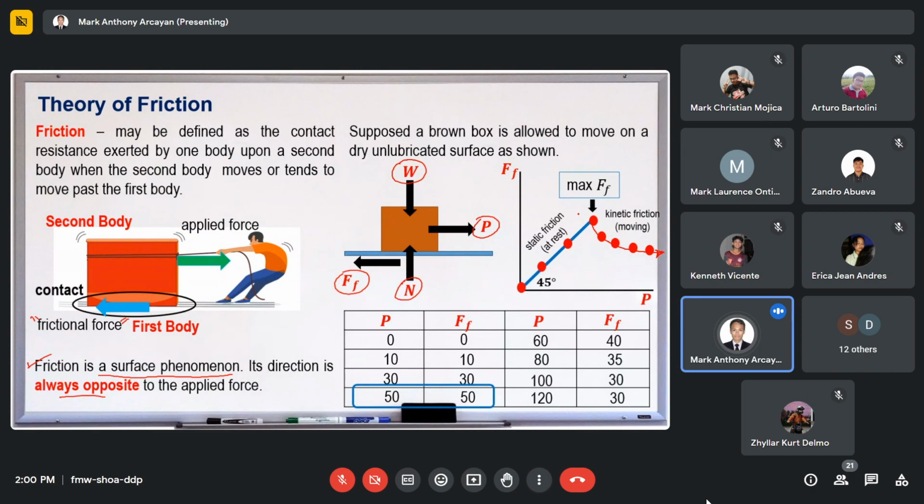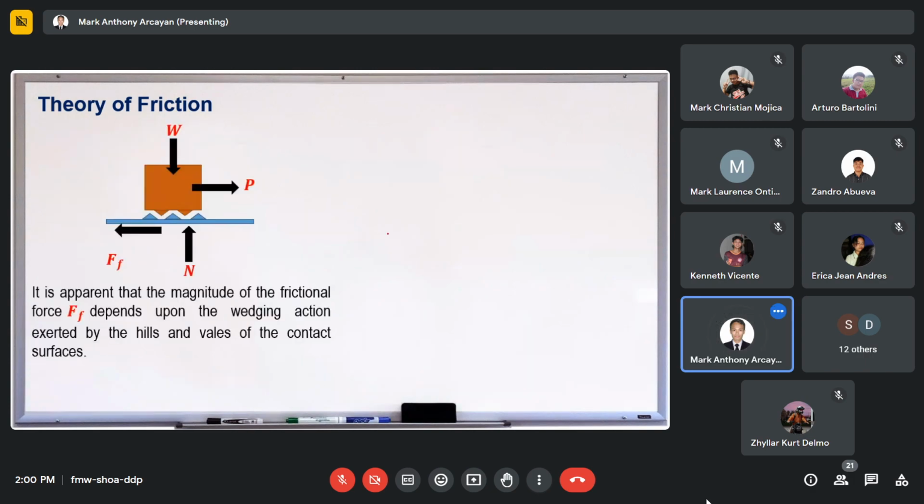Okay, now, it is apparent that for an object at rest on a surface, we can deduce that the magnitude of the frictional force FF depends upon the wedging action exerted by the hills and valleys of the contact surfaces.